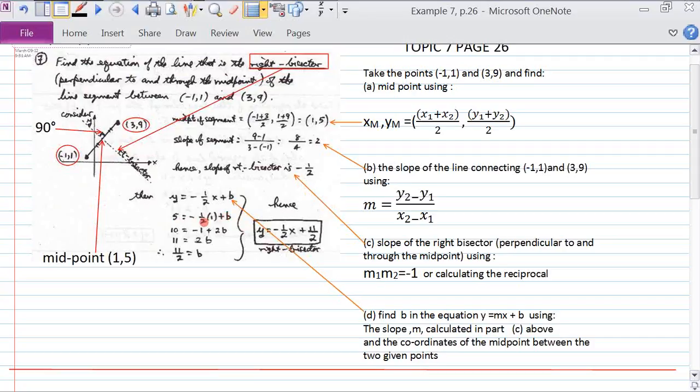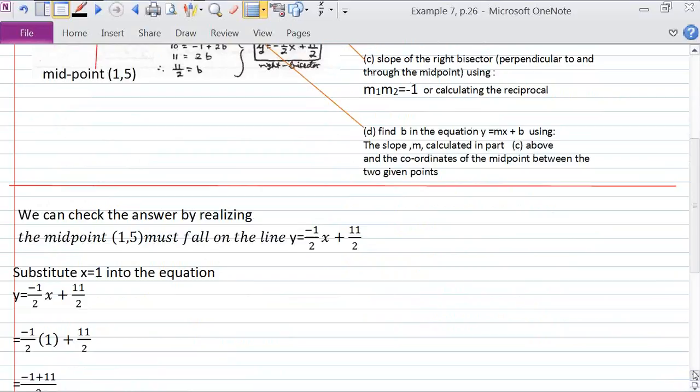We've got 2 in the denominator, so we multiply each term by 2. 2 times 5 is 10, 2 times minus a half is -1, and the b becomes 2b. So we transpose the -1 from the left to the right. We get 11 equals 2b. Divide by 2, and b equals 11 over 2.